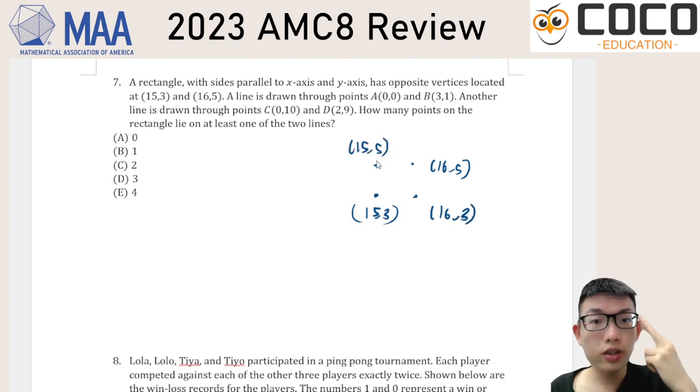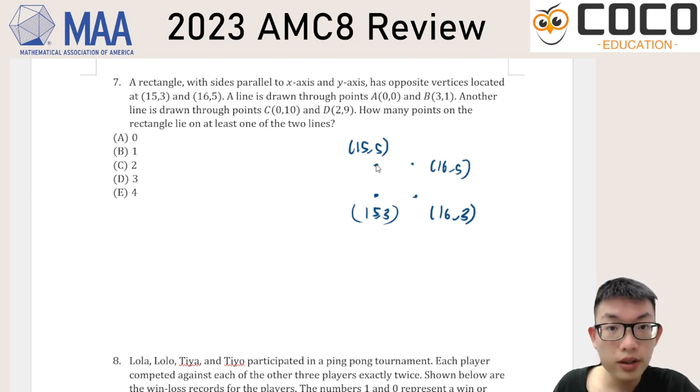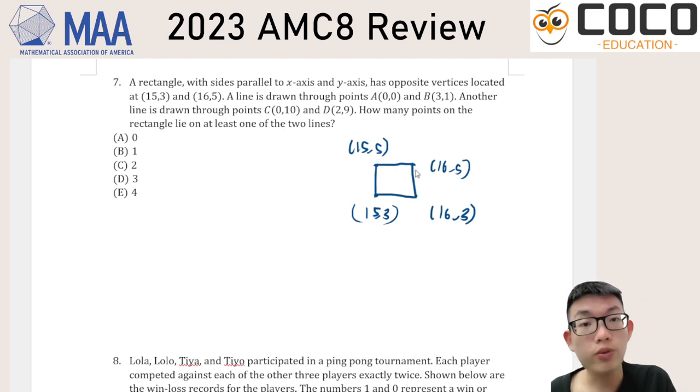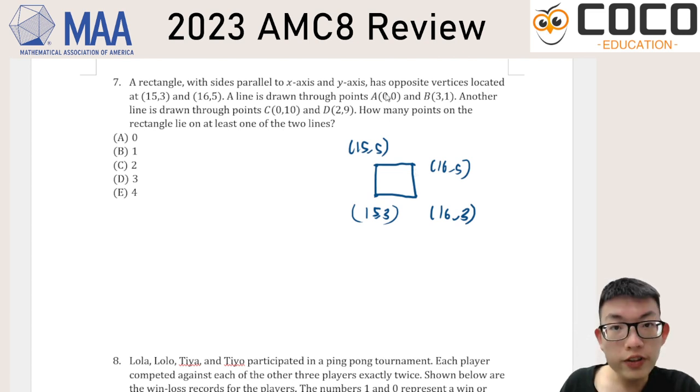A line is drawn through 0, 0 and 3, 1. Another line is drawn through 0, 10 and 2, 9. How many points on the rectangle? So it doesn't say in, it says on the rectangle, lie on at least one of the 2 lines. Okay, so for the first line, it goes 0, 0, 3, 1.